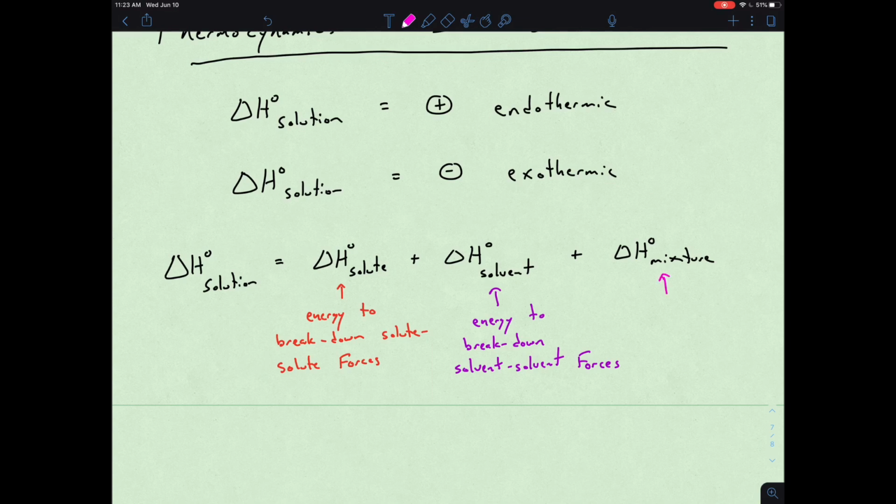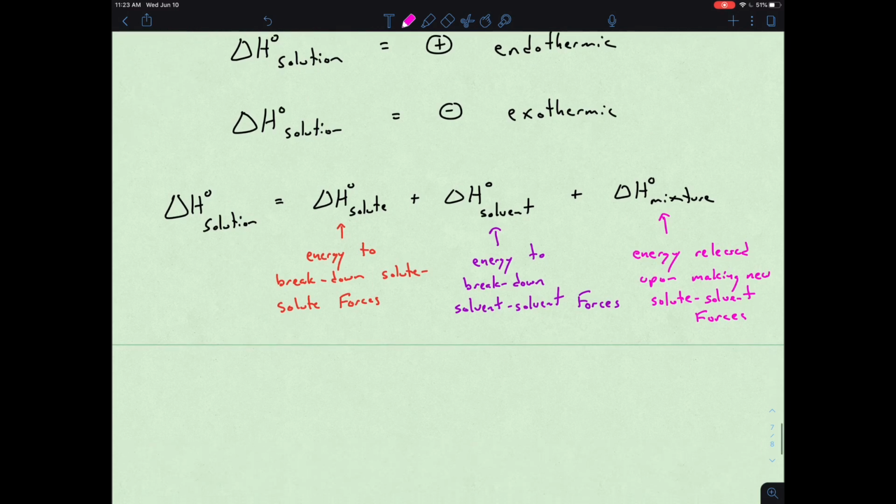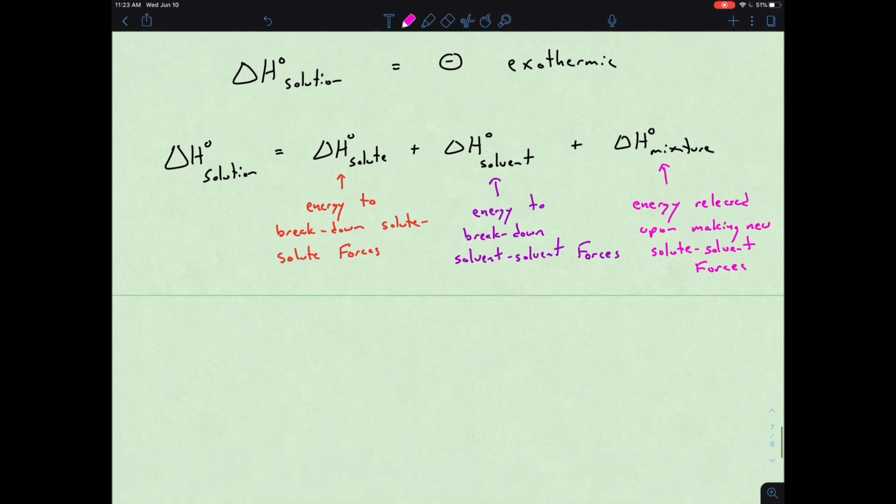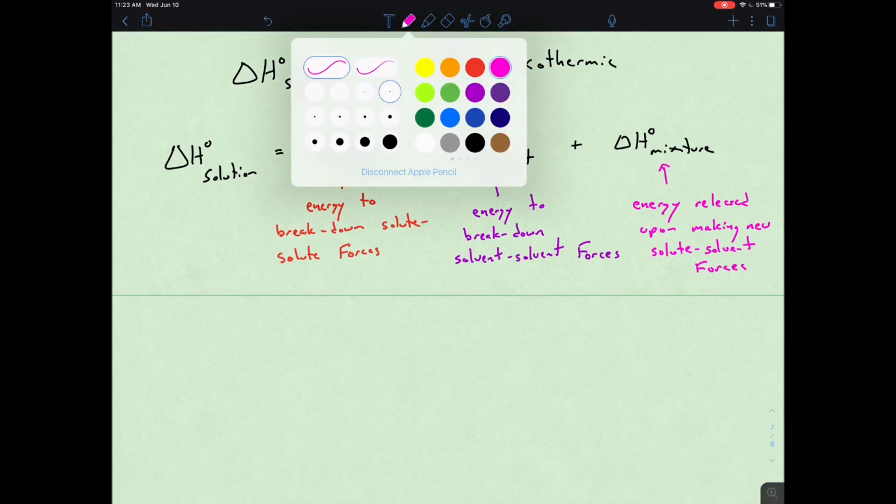And then we have energy released upon making new solvent forces. So depending on the energetics, we can get things that are plus and things that are negative.